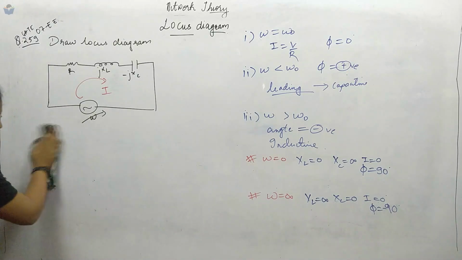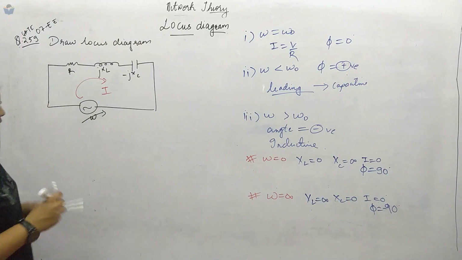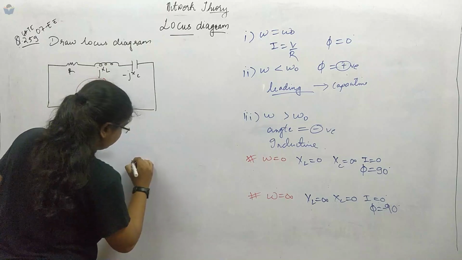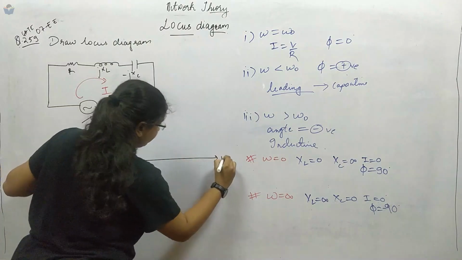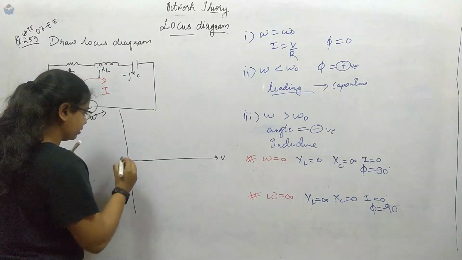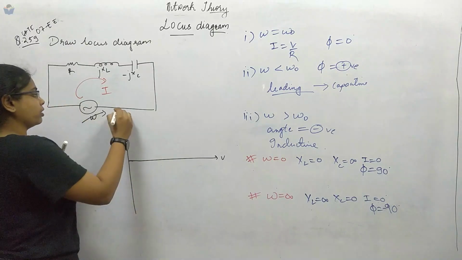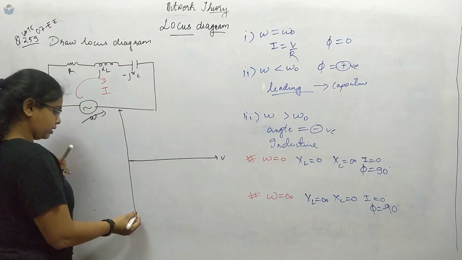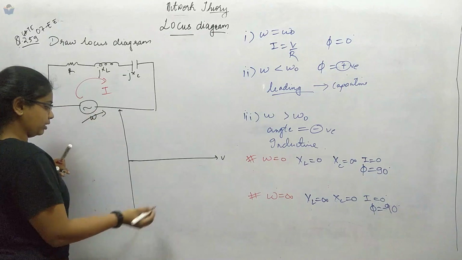I will take V as my reference. Here is V as my reference, and here let this be a dummy reference. This is positive 90 degrees and this is minus 90 degrees.